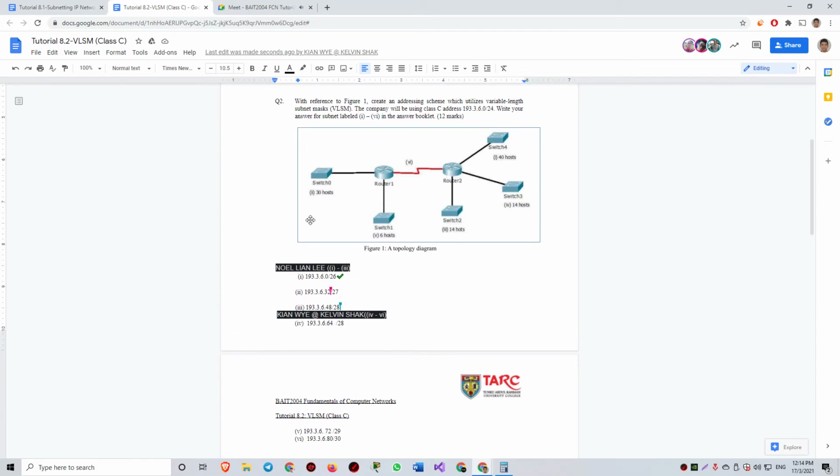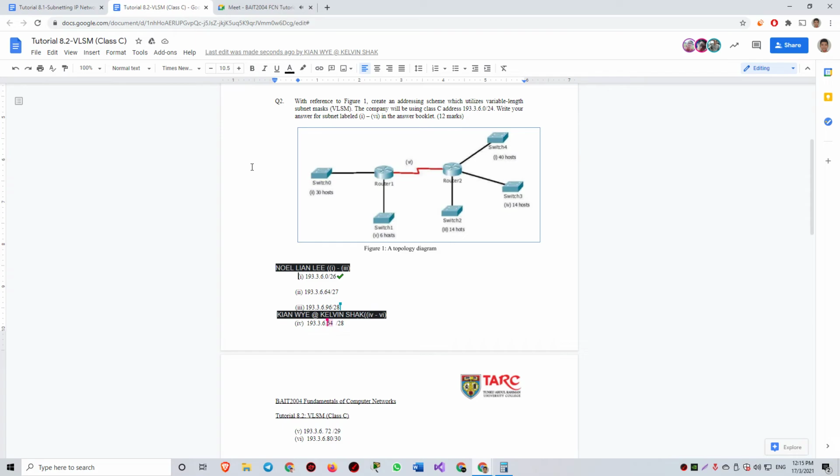No, still not correct. I think you guys know the prefix, but for the network portion, remember that you cannot overlap the address range if you have already allocated an address range to a particular subnet.